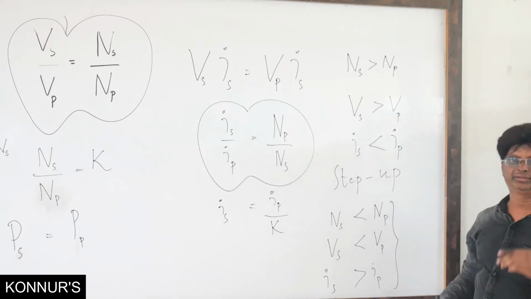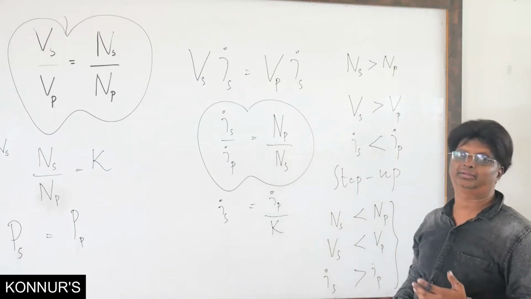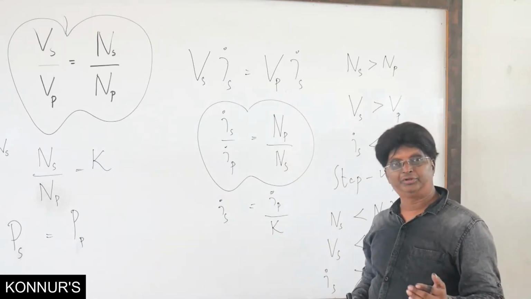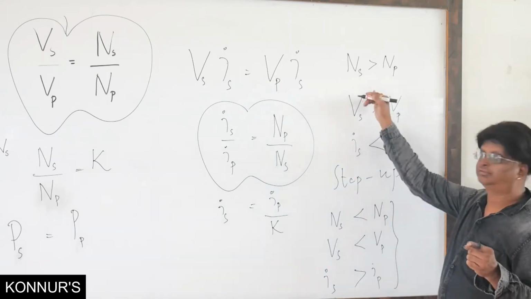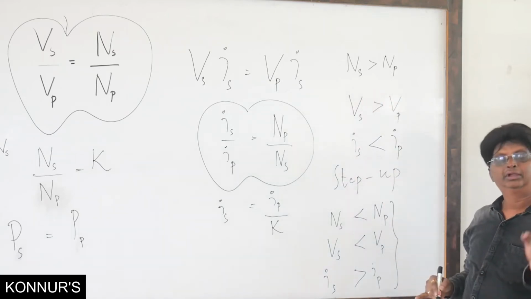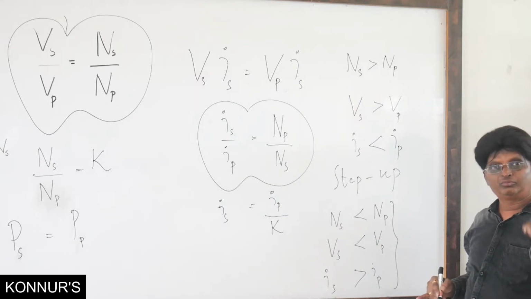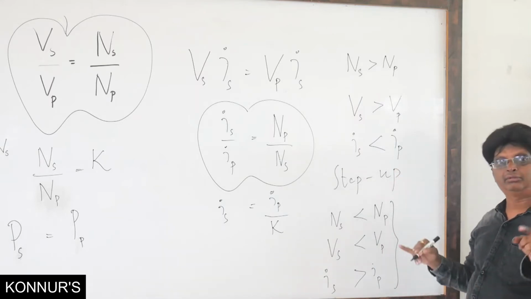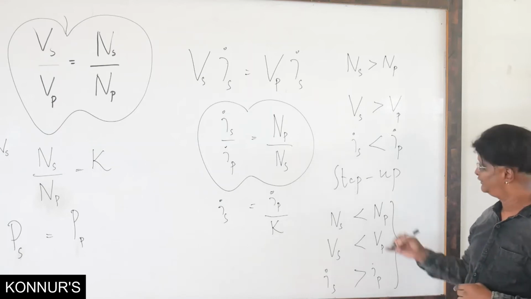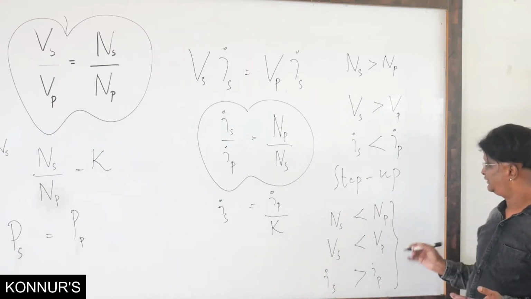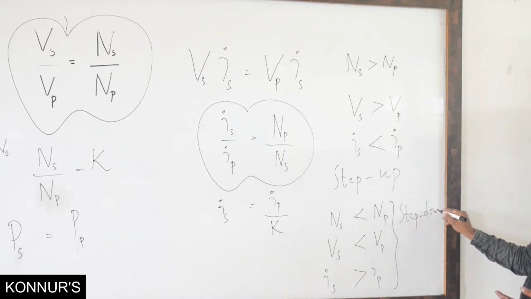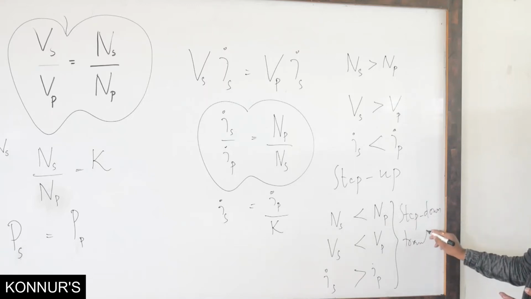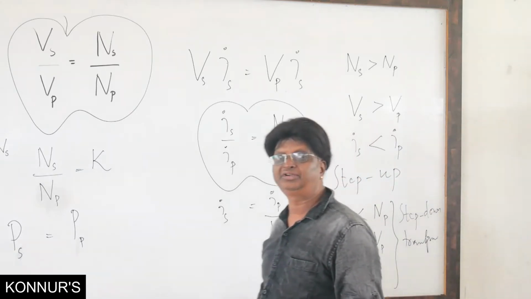For resistance, once again from current electricity, R is proportional to 1 by A. So for higher resistance in the secondary, it requires a coil made of thin wire in the secondary and thick wire in the primary. Similarly, you can use the same for the step down transformer also.